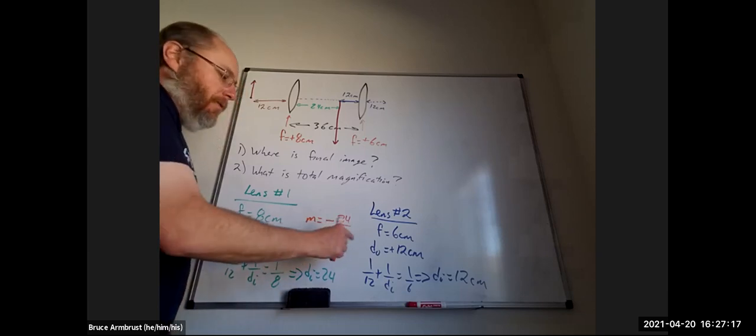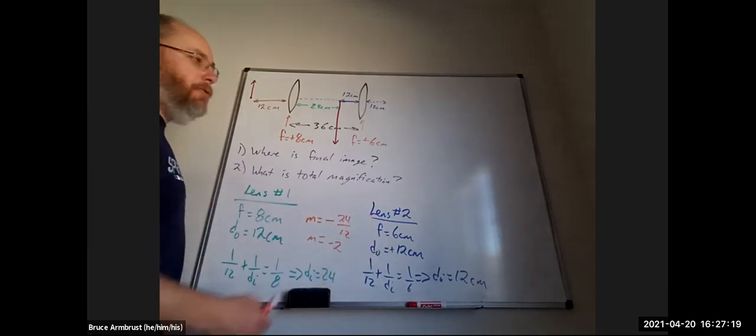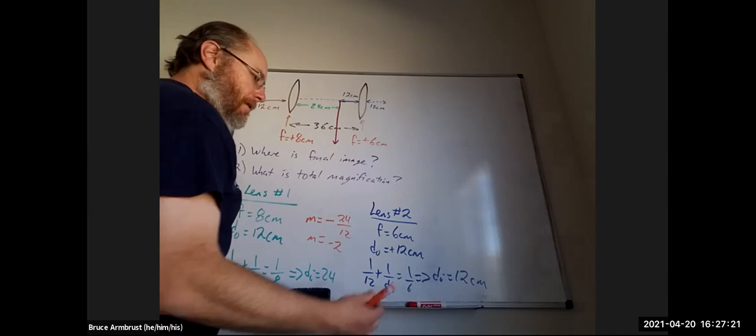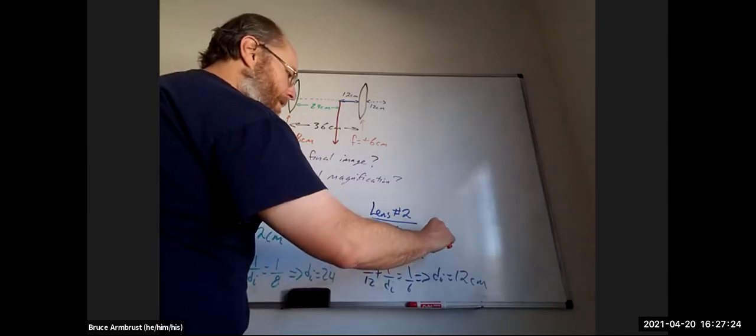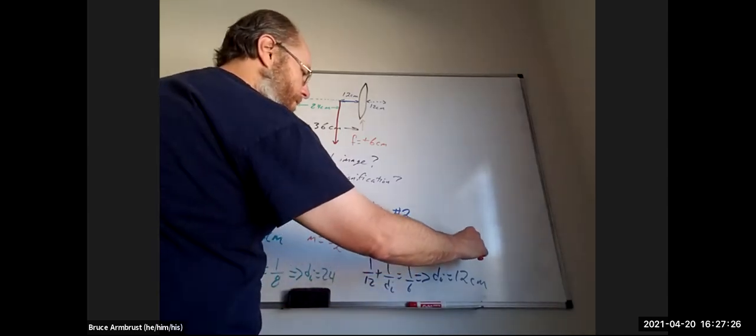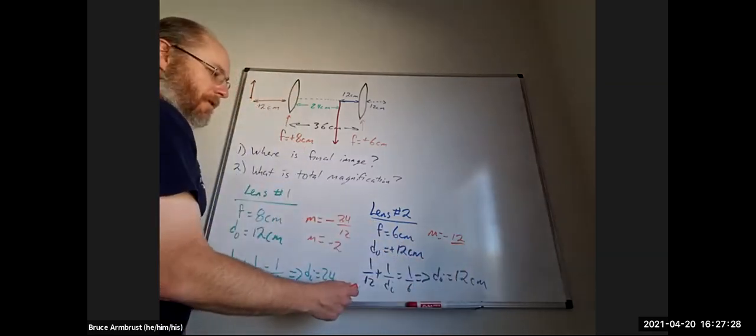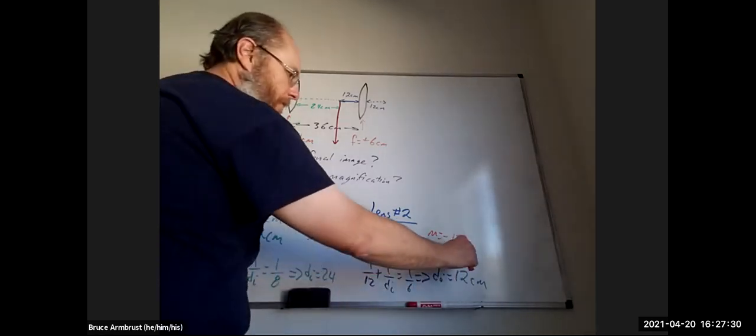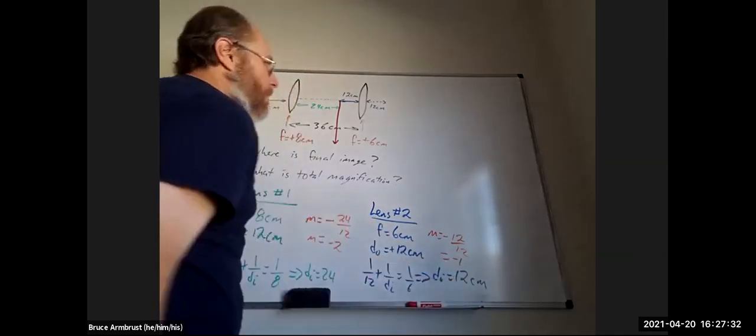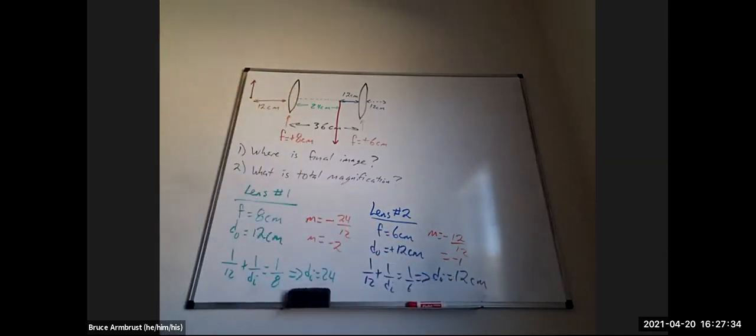While we're here, let's just look at what the magnification is for lens number 2 so I can draw my picture properly. So in this case, M is going to equal negative 12 over 12, which is -1.